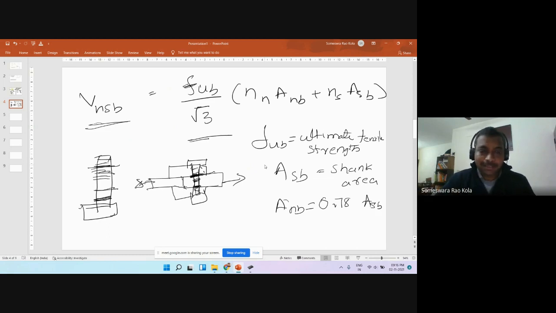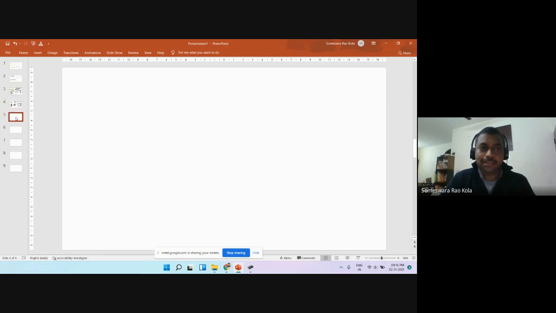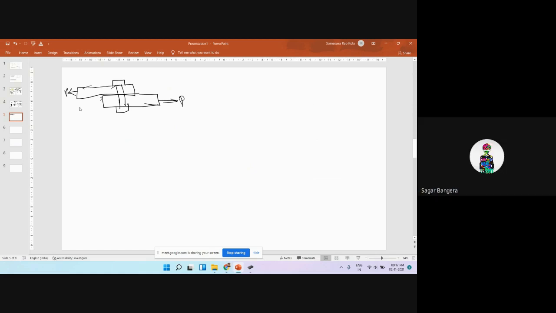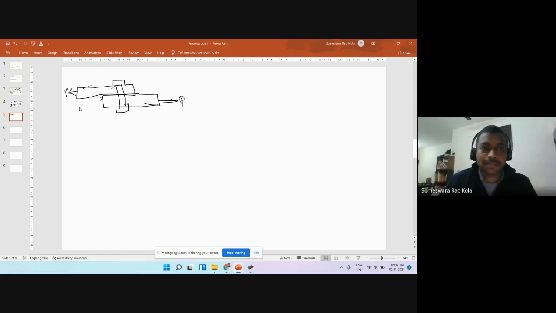Now, let me ask a simple question to help understand what nn and ns are. I have a lap joint. We have a bolt connecting this. How many shear planes will there be in this kind of scenario? One. Okay, that means the minimum number of shear planes for the joint to fail is one.